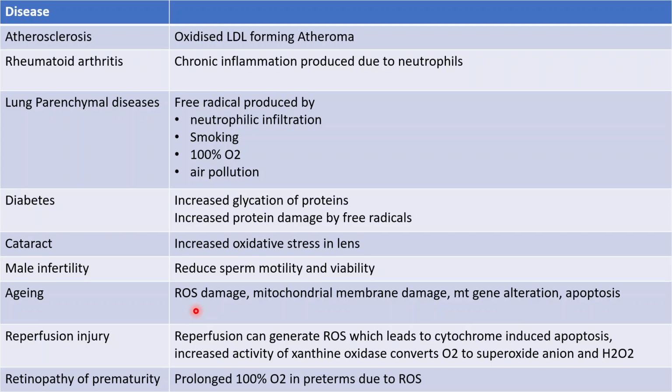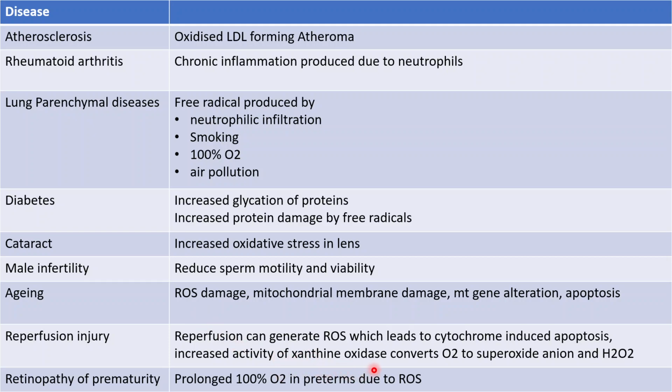Reperfusion injury occurs when the blood supply is restored. Let's say after a myocardial infarction, somebody who has had a heart attack, the blood supply was stopped for some time, and when reperfusion occurs and the blood supply is restored, reperfusion injury can occur, which is again because of free radicals. What happens is that when the blood supply was reduced, there is increased activity of xanthine oxidase.